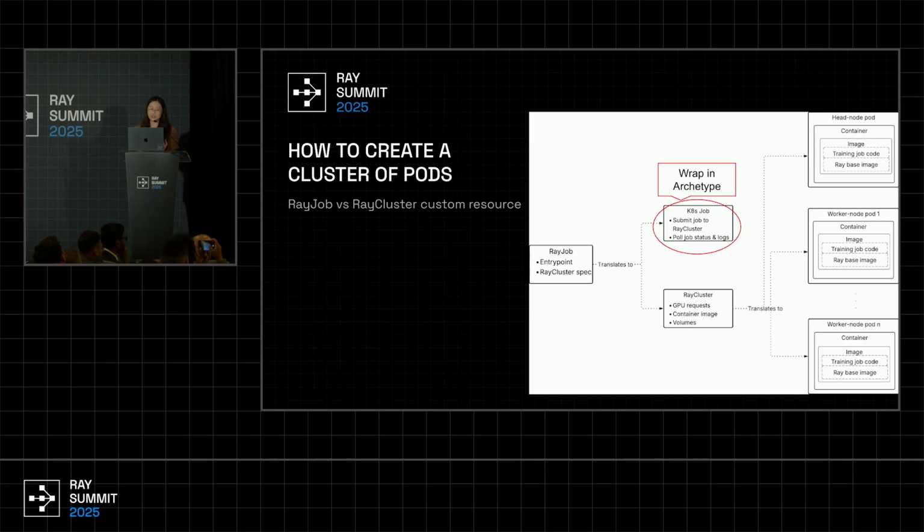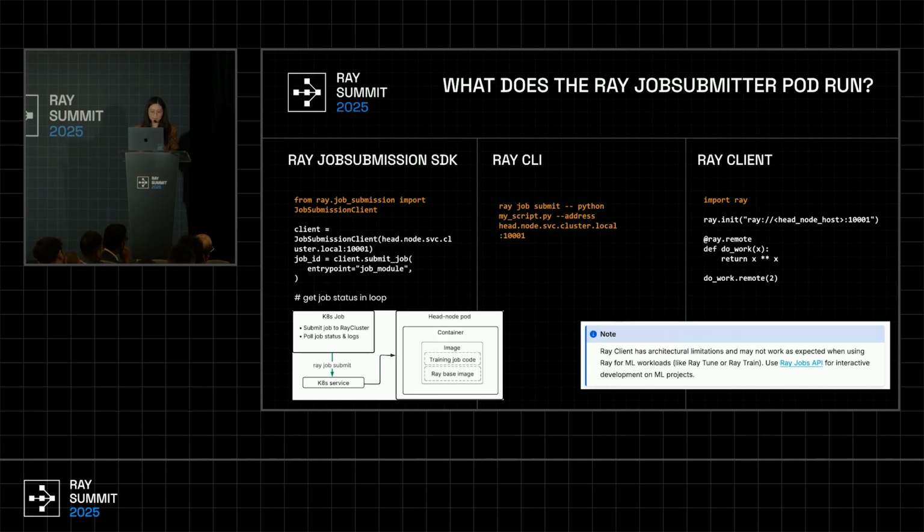And they don't really need to be aware of this underlying Ray cluster that's running their distributed training job, other than what number of workers they want to configure and what resources they want to request. And here's a bit more detail of what that Kubernetes native job wrapped in archetype runs. In order to submit a job request to the Ray cluster, you can either go through the Ray jobs API or use a Ray client.